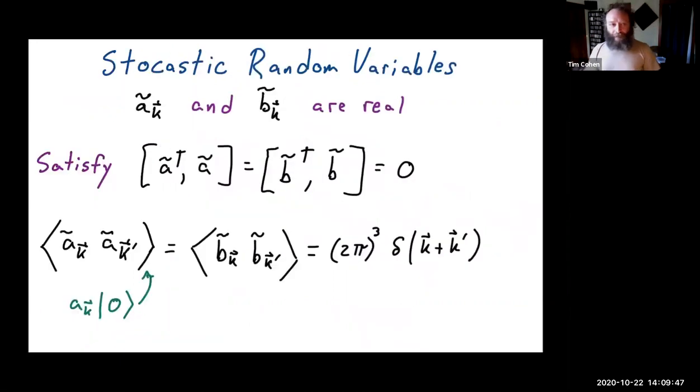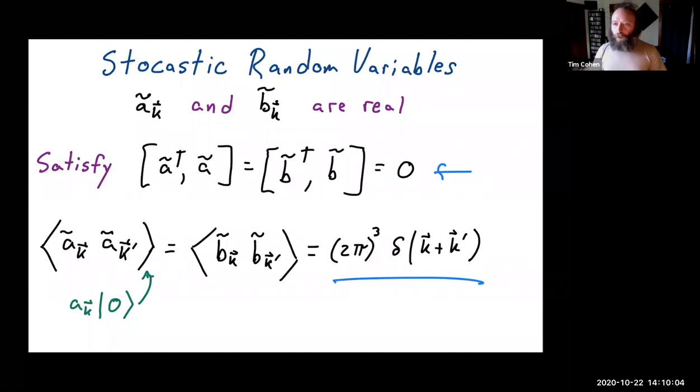So we can identify these A tilde and B tilde objects. They satisfy the following relations, where the excitation over the vacuum is non-trivial, and in particular tells you that these objects A tilde and B tilde act as stochastic random variables.